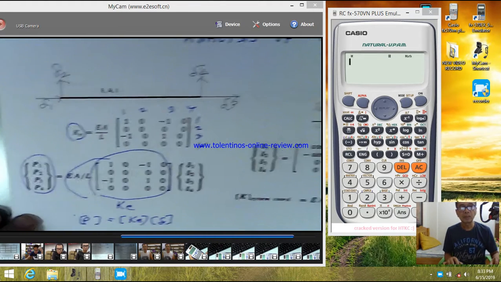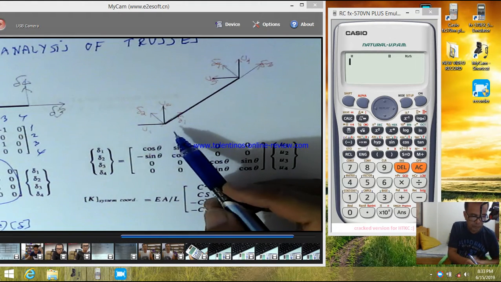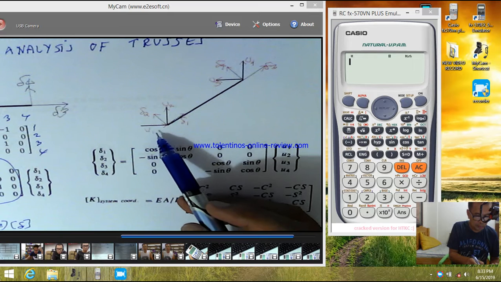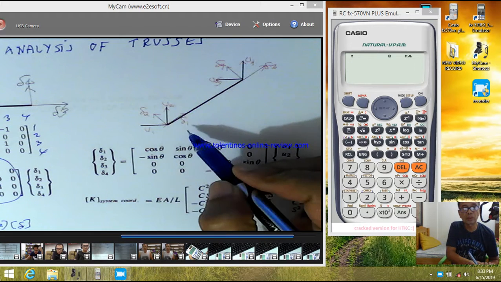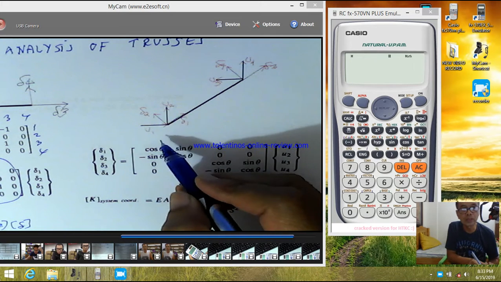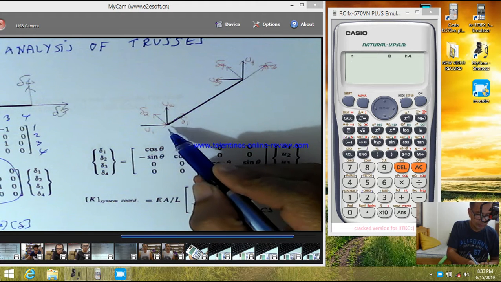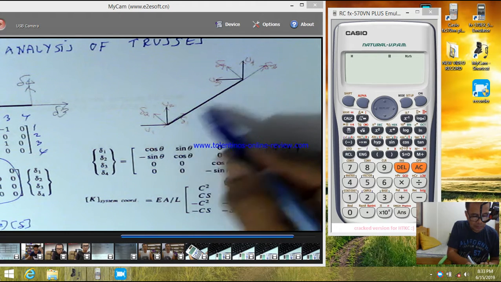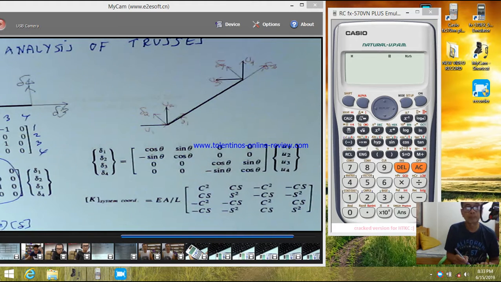Ngayon, ito pa yung isang formula ngayon kapag naka-incline na siya. Notice na apat na ngayon yung displacements natin. U1, U2, ito yung laging horizontal, vertical. So, that is U1 at saka U2. Now, yung delta 1 saka delta 2 is along the line ng truss element at saka perpendicular dun sa truss element.